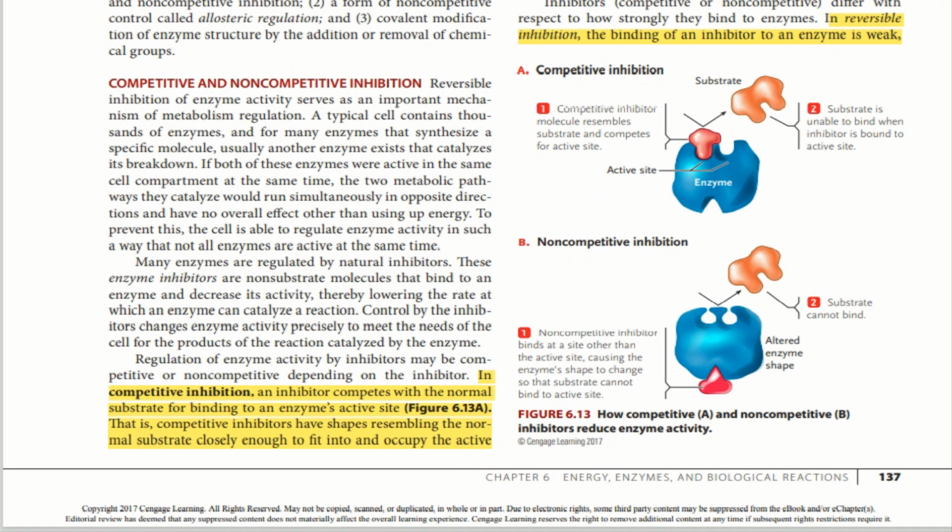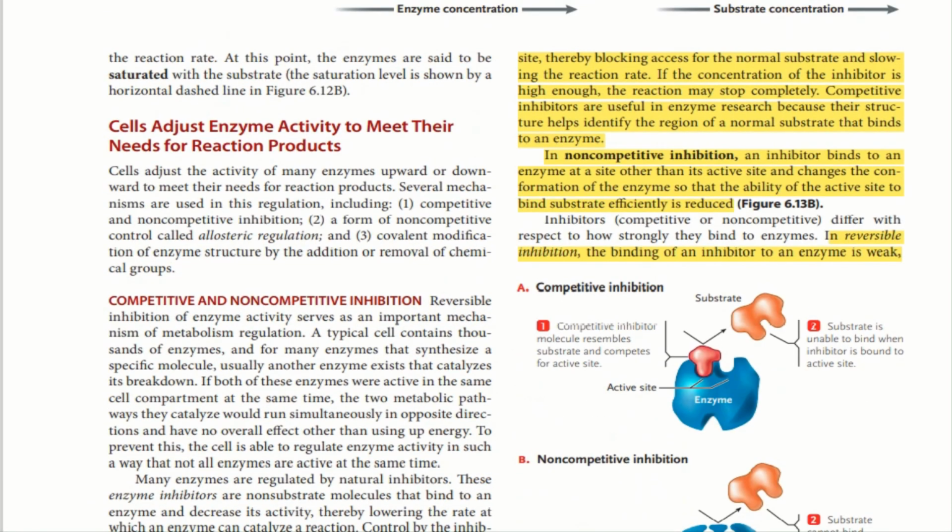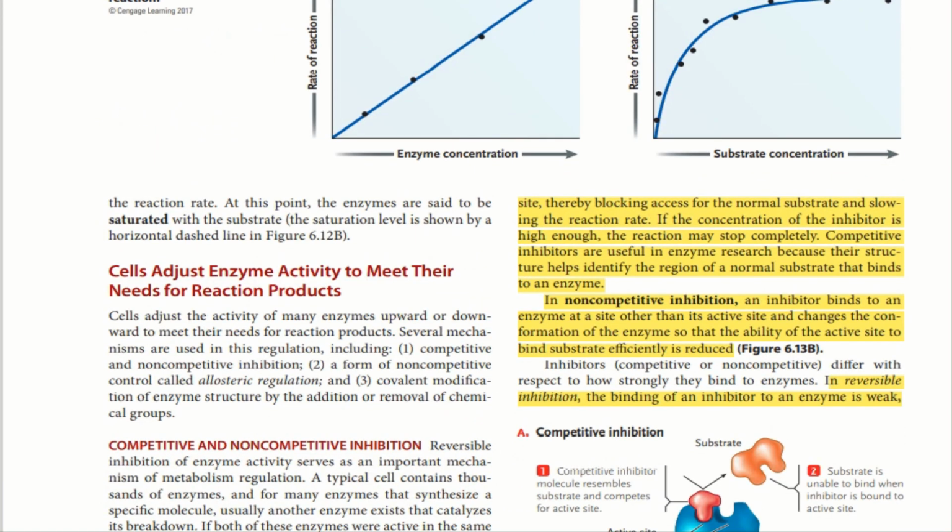Competitive and non-competitive inhibition. In competitive inhibition, an inhibitor competes with the normal substrate for binding to an enzyme's active site. That is, competitive inhibitors have a shape resembling the normal structure closely enough to fit into and occupy the active site, thereby blocking the access for the normal substrate and slowing the rate of reaction.